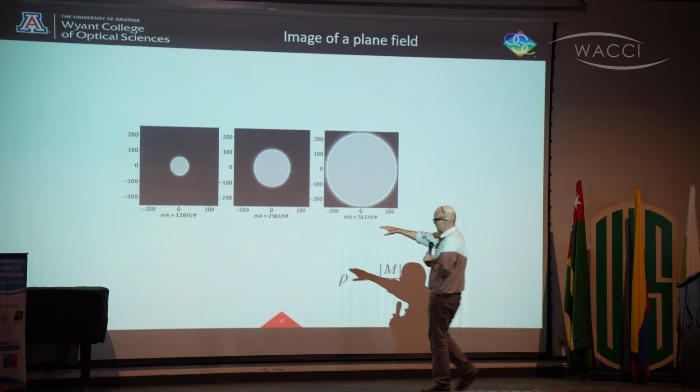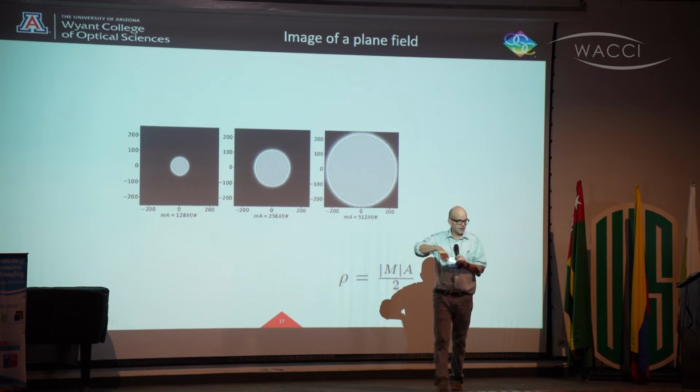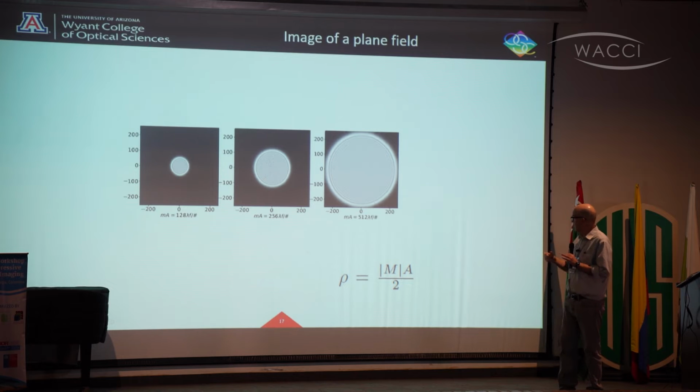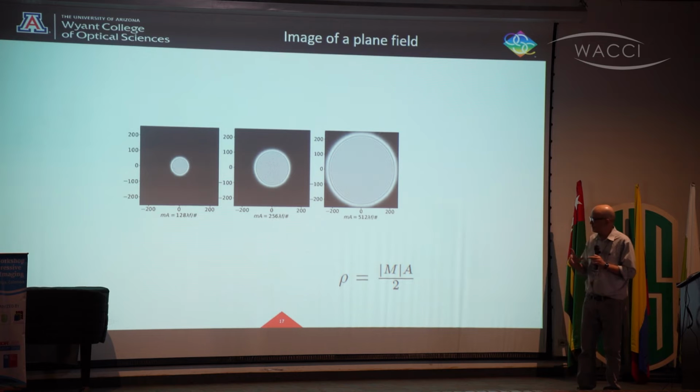The passband goes like the magnification times the aperture, and so what you would see is a disk where the size of the disk depends on the magnification of the system. Now, if you have a microscope, the magnification is large, you're going to magnify it large.